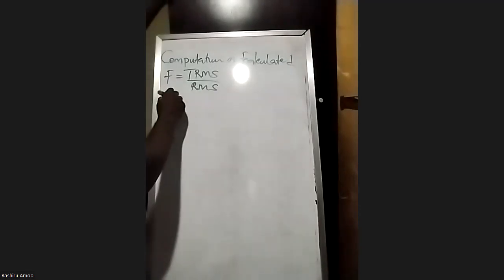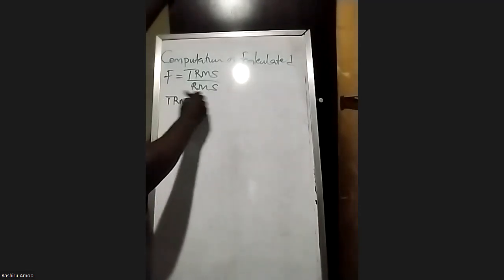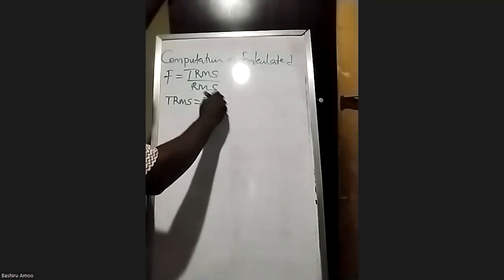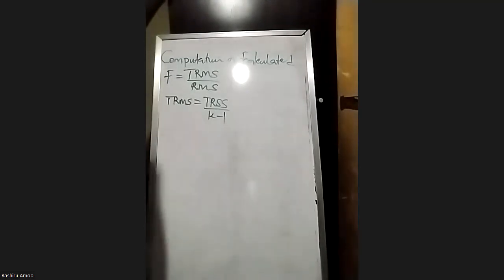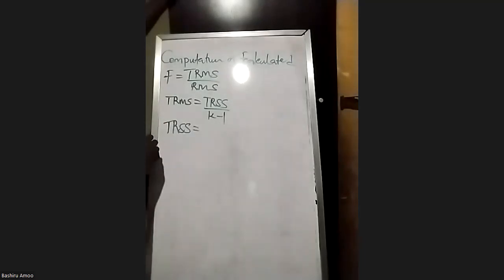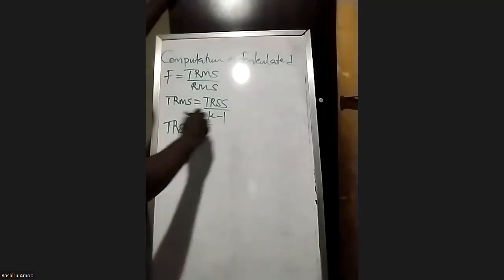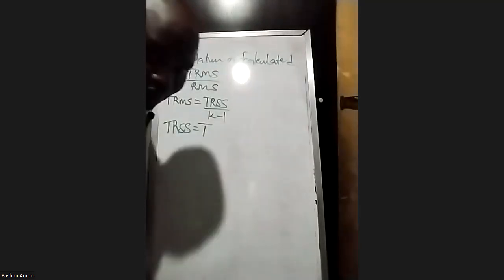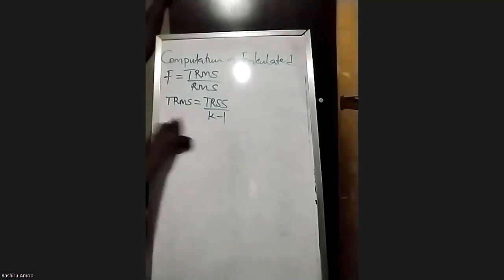I will say treatment mean square is the same thing as treatment sum of square divided by degree of freedom of treatment, right? Then also, to get the treatment sum of square, we are expected to have each treatment together.